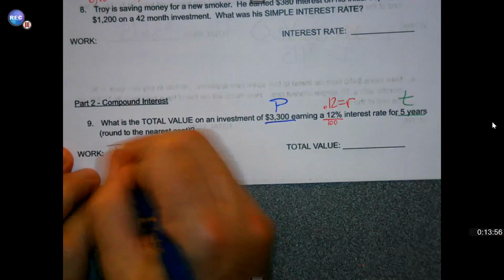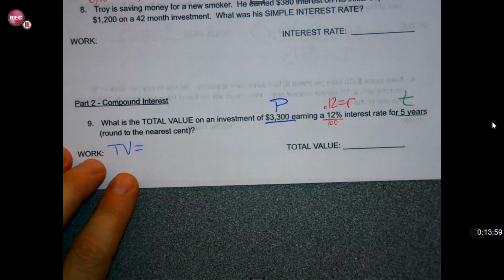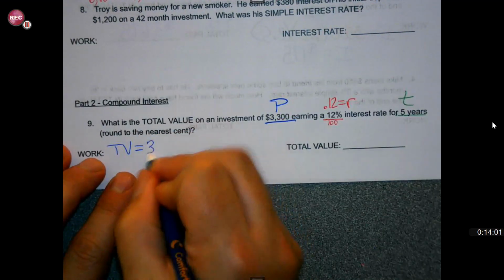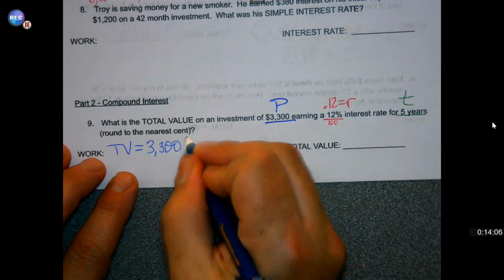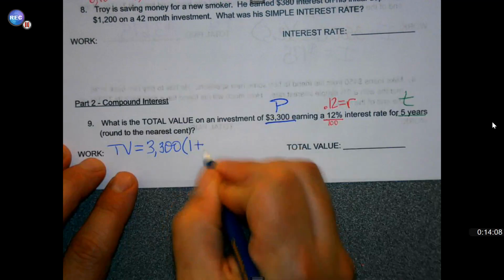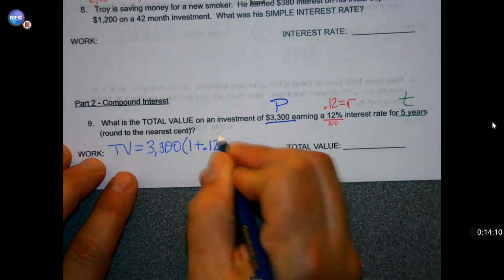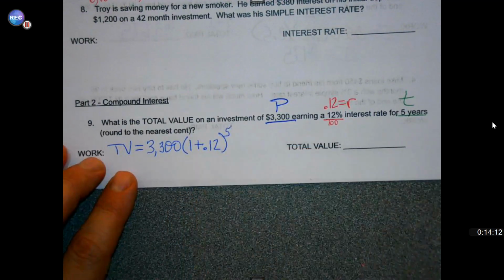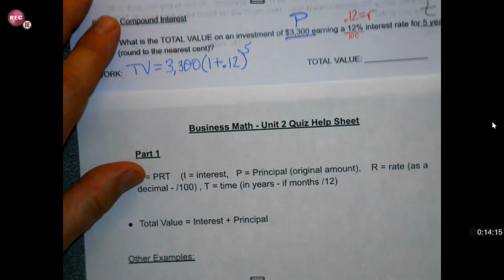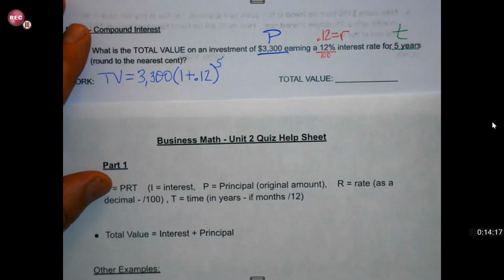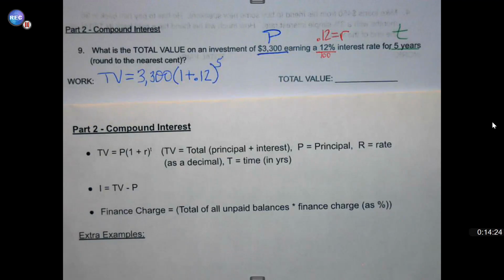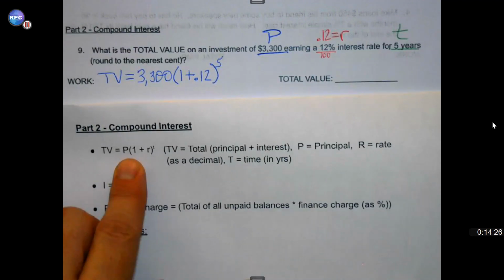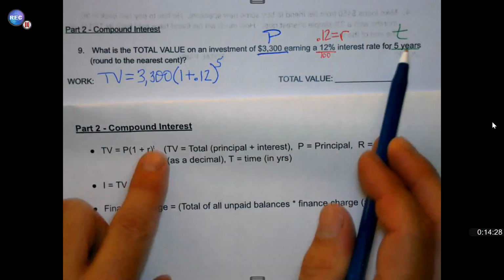Total value equals my principal times one plus my rate, to the time exponent, just so you can see what I'm up to. Let me fold this over so you can see it on the screen a little easier. There we go. So we're just following this and plugging in the numbers that I have.